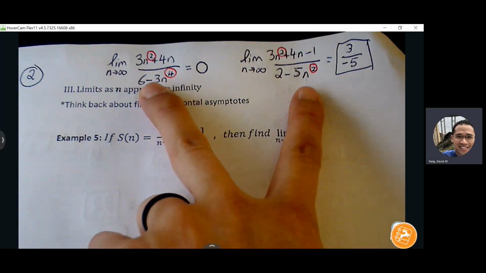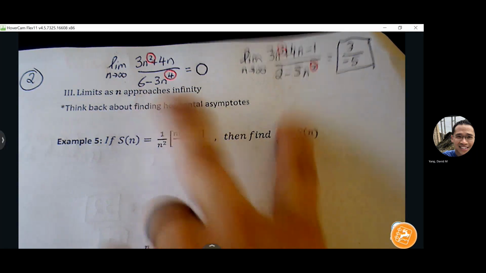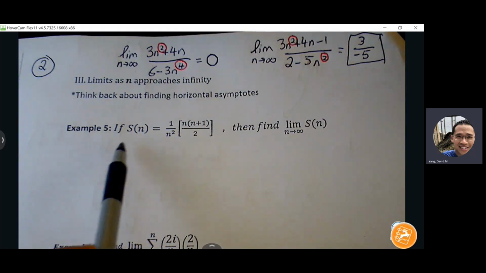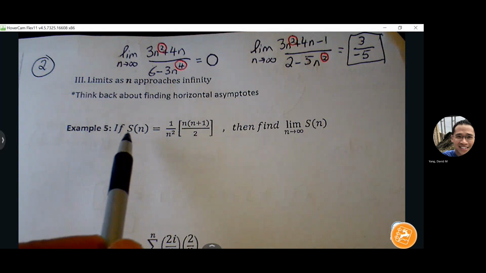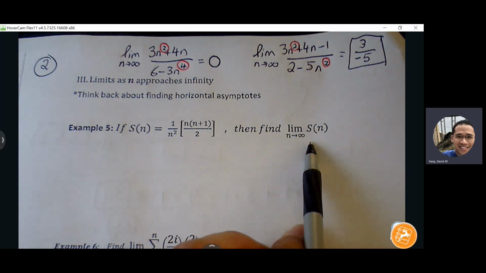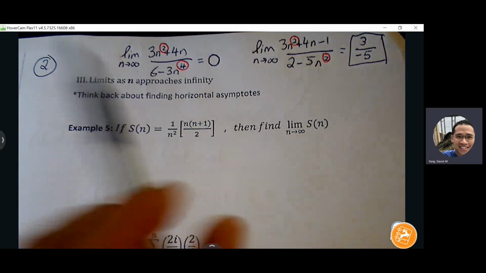Any questions here, this process for approaching infinity? Okay, so let's look at example 5. Suppose my sum S of n is given as this expression. Find the limit as n approaches infinity. So I'm going to try to clean this up and then compare the degrees.